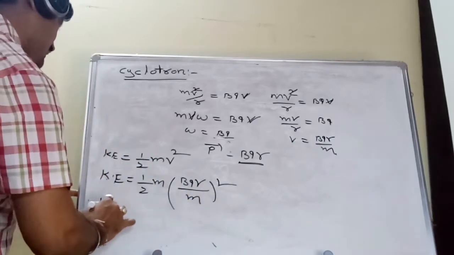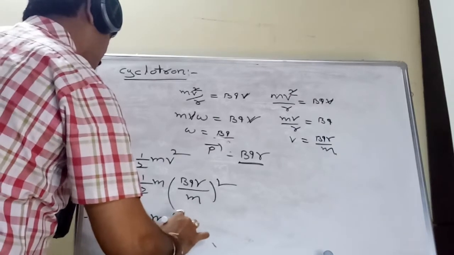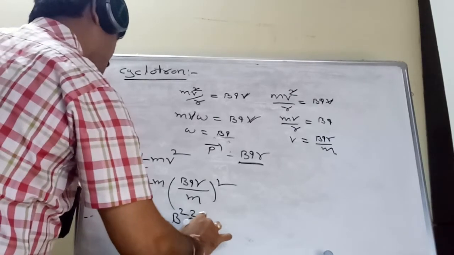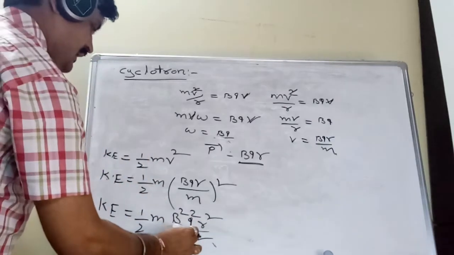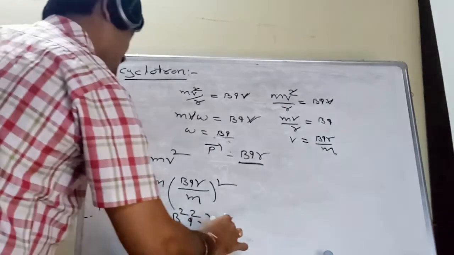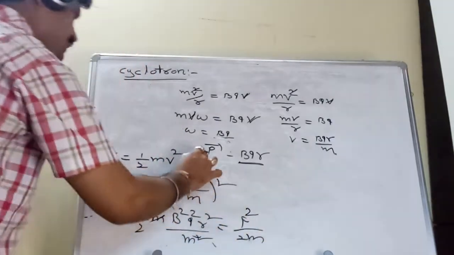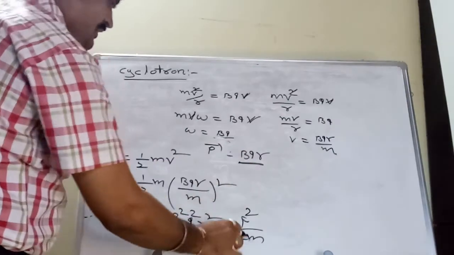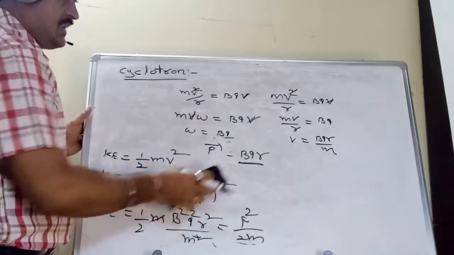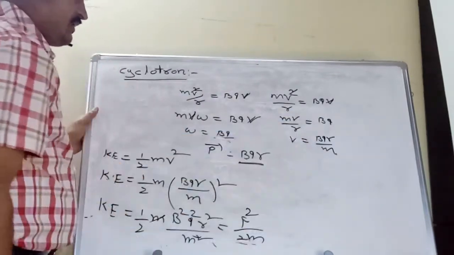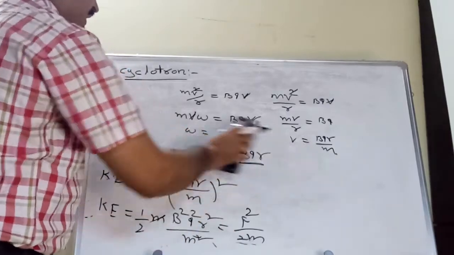So K is equal to half m into b square q square r square by m square. So here cancel, that is p square by 2m. Here p bar equal to bqr, K equal to p square by 2m. This is the cyclotron radius, the momentum, kinetic energy, and velocity.